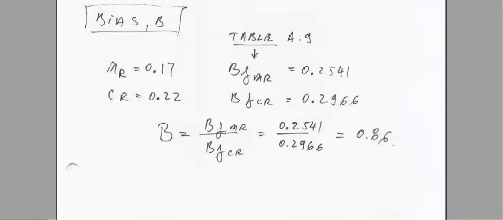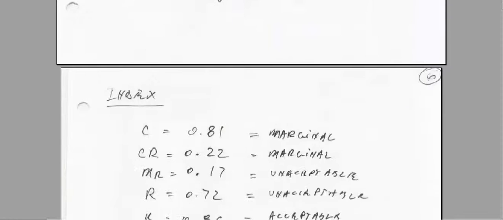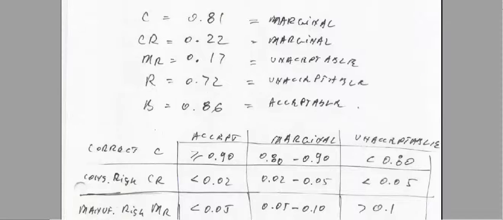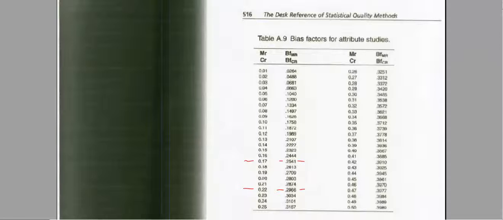Let's calculate the bias, and we talk about table A9. I'm just going to scroll down to this particular table just to give you an understanding. We talk about manufacturing risk of 17% and it turns out to have a bias factor of 0.241, and for consumer risk of 22% or 0.22, we have a bias factor of 0.2966.